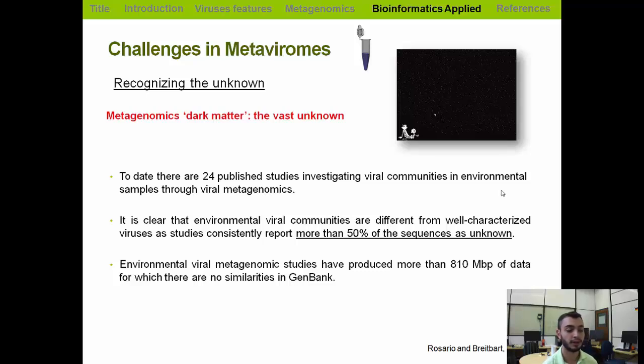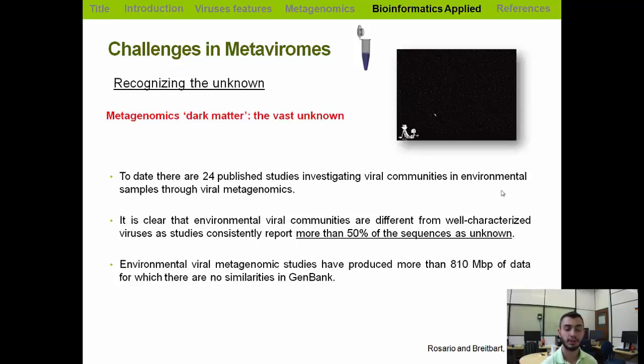And you know here that Rosario and Breitbart in 2011 brought this study, and she found that 24 studies were published about viral communities, about viral metagenomics, and we now have this notion that these virus species, this viral diversity that we are finding now, are very different from the ones that we know, that are well characterized.